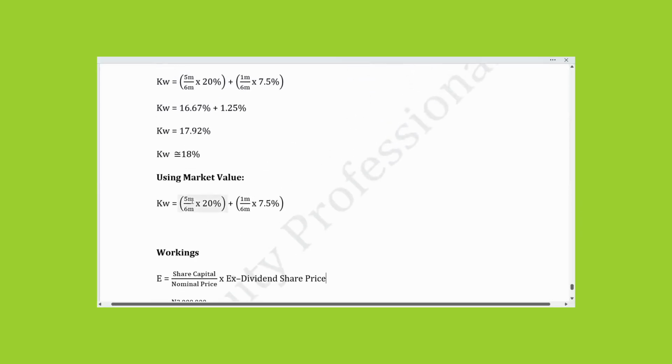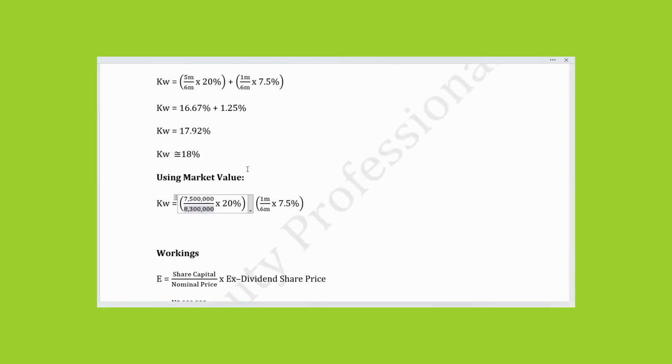So I will then come here. This one is 7,500,000, divided by the total value, which is 8.3 million. Then multiply by cost of equity of 20%, plus the value of the debenture, which is 800,000, the market value of the debenture, divided by the total value of 8.3 million naira.